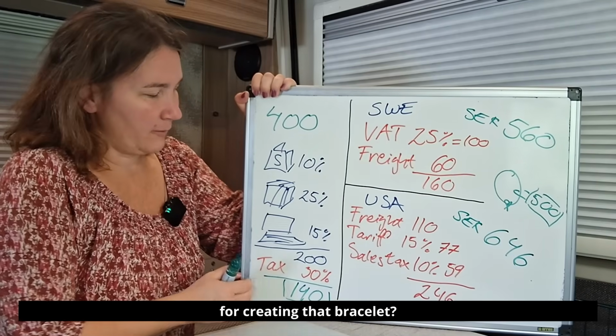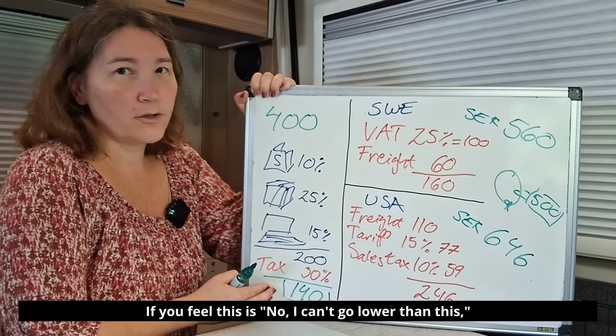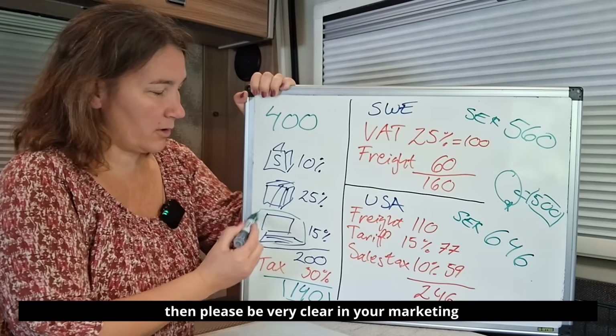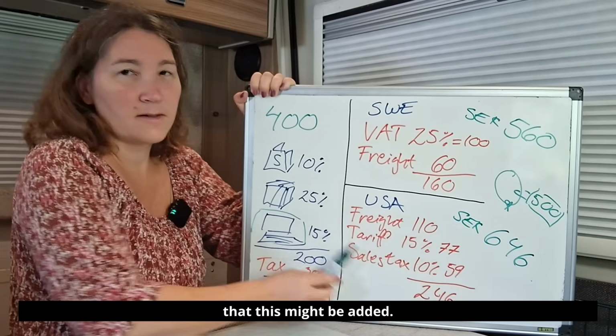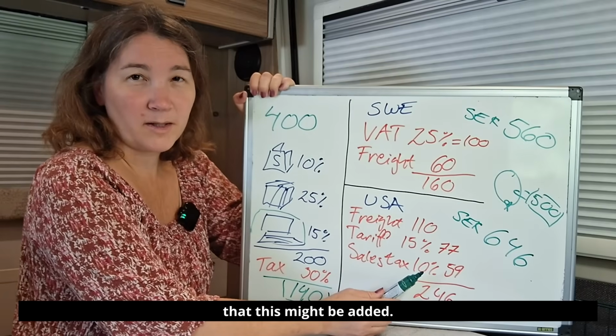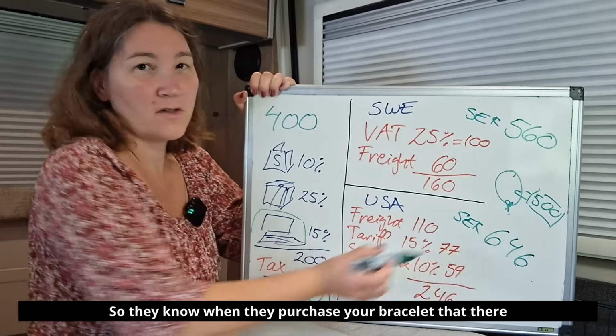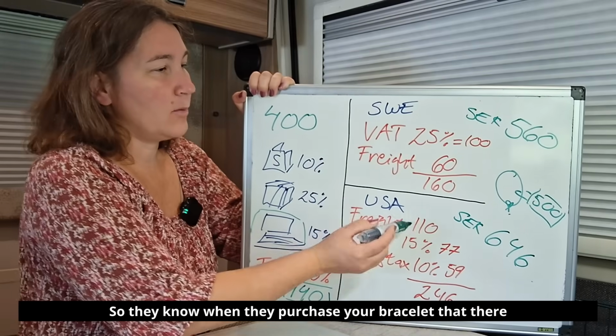If you feel, no, I can't go lower than this, then please be very clear in your marketing that these fees will be added, so they know when they purchase your bracelet that extra fees will come.